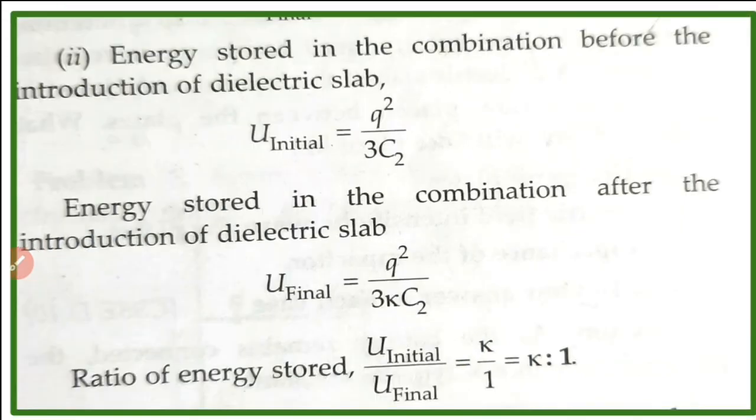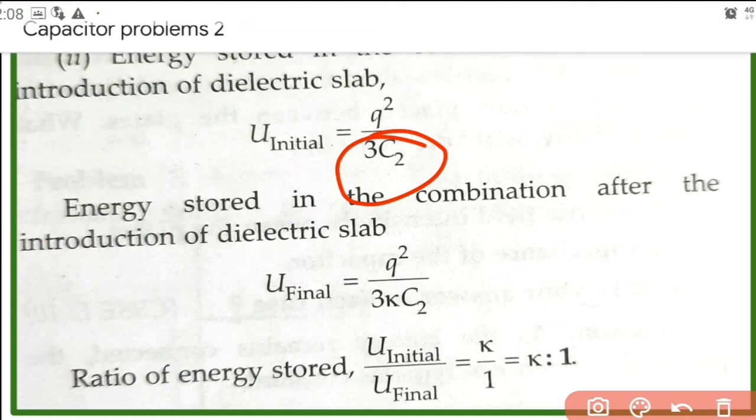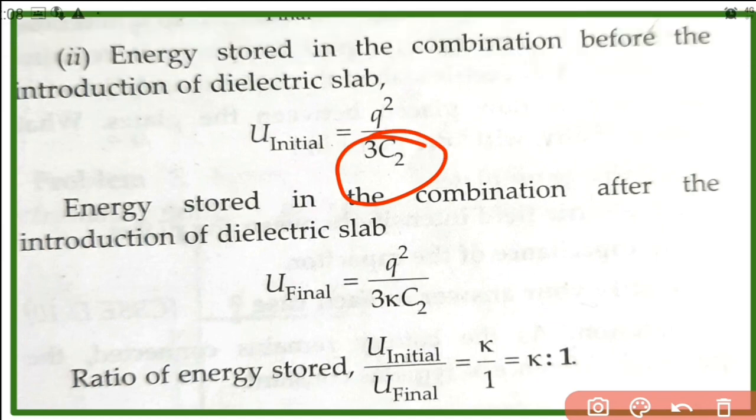Next part is to find the ratio of energy stored. So energy stored in the combination before the insertion of the dielectric slab will be Q square by 3C2, because effective capacitance before the insertion of the dielectric slab is 3C2.